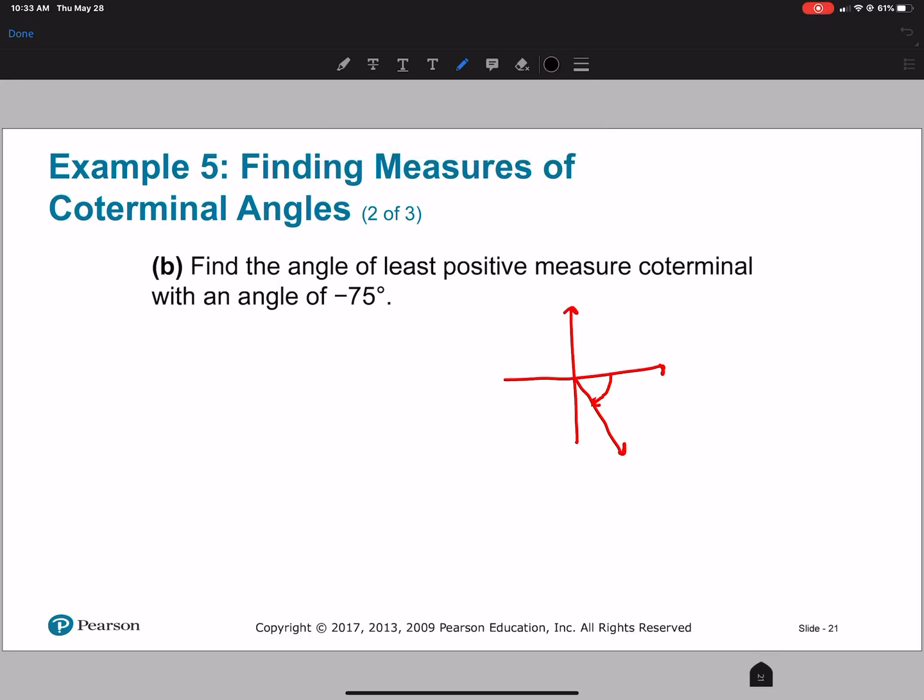So I'm going to go to the positive direction. If I want to go to the positive direction, all I got to do is do what? It'll be 360 degrees minus my 75 degrees, right? Because I'm already negative. And that should give me what? 285 degrees.